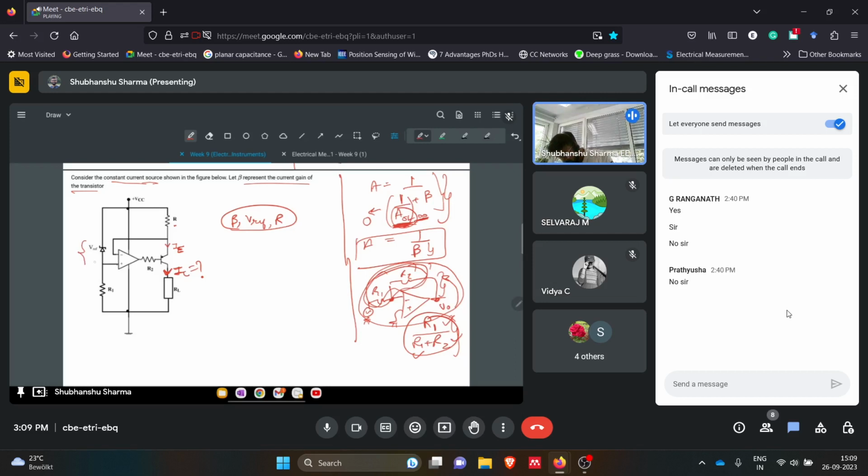I think we have learned in 12th class that it is meant to maintain a constant voltage across it when it is in the reverse breakdown region. That means this can be replaced by a voltage source having a voltage of V reference here. So we have V reference at this point.